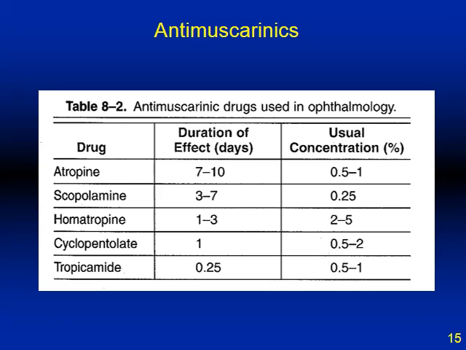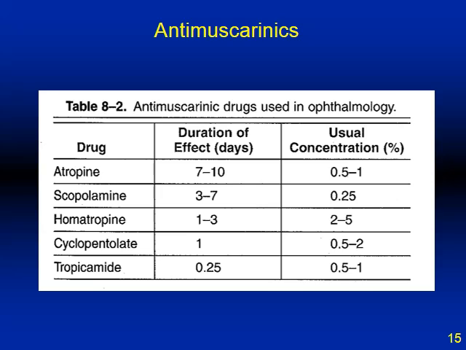So if we look at scopolamine in terms of its action on the eye and on pupil dilation, it can last anywhere from 3 to 7 days in most patients. Atropine is even longer acting. It can last anywhere from 7 to 10 days, so atropine is very long acting. It's not the kind of drug you'd like to use in your eye exam if you're filling 100 prescriptions a day and you need to read things close up on the screen or on the label of the drug.